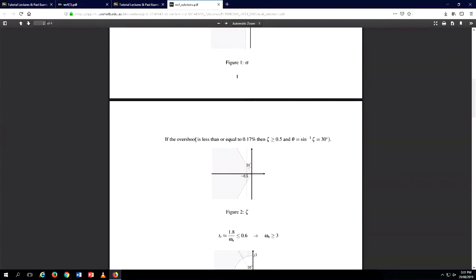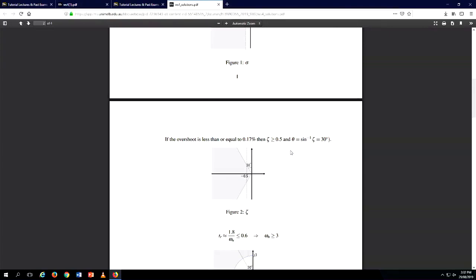So if the overshoot is less than or equal to 17%, now this is something that I wasn't prepared for. In the book and in the lecture notes, I gave you a relationship between zeta and Mp, the overshoot. If you go to that diagram, you will see that for 17% overshoot, there corresponds zeta 0.5.